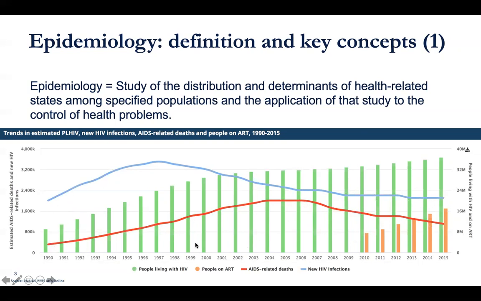The red here is the HIV-related deaths, and the orange bars represent people on ART. Obviously, as we go out into the future, this gets better and better and better.